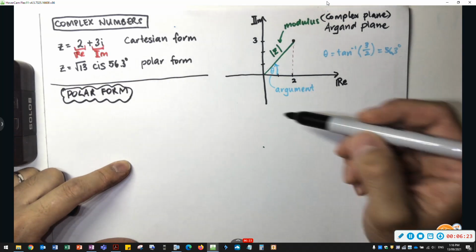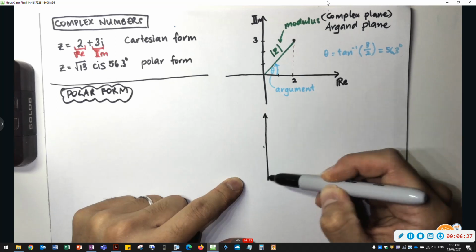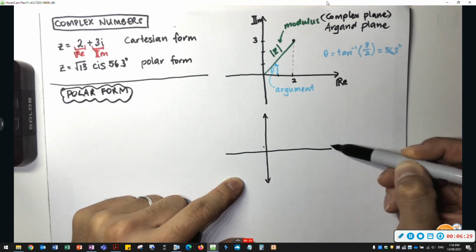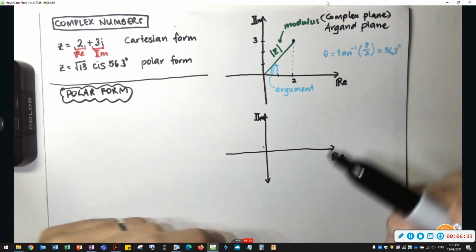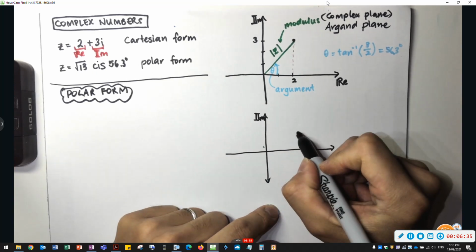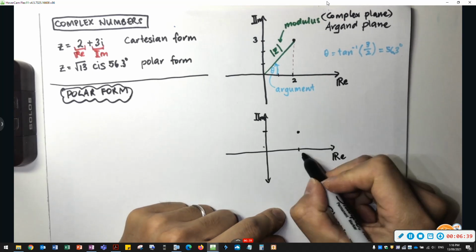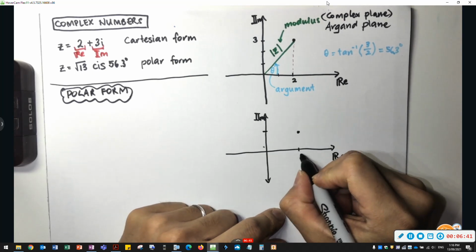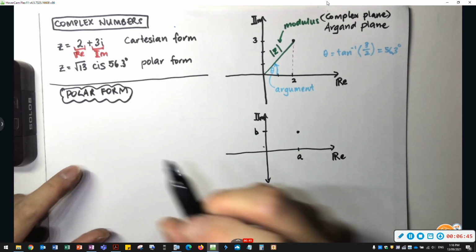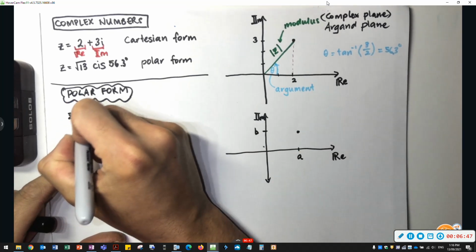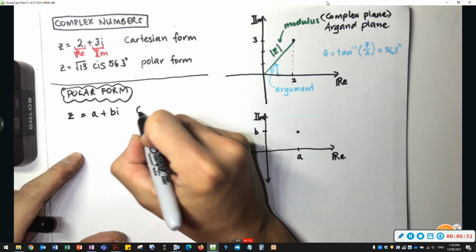If we look at a diagram of a general complex number, let's put a point over here where we know this value here is called A and this is called B. That means my complex number in Cartesian form is A plus Bi.